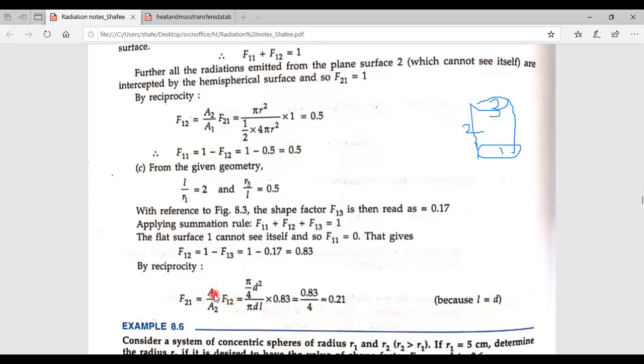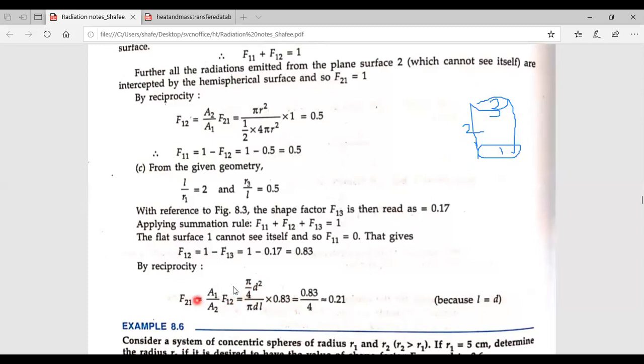A2 is the surface area of the cylinder, pi d L, and A1 or A3 is the cross-sectional area, pi by 4 d square.